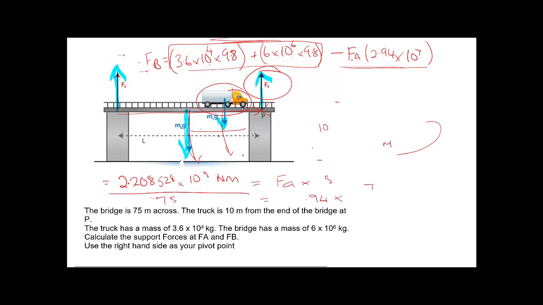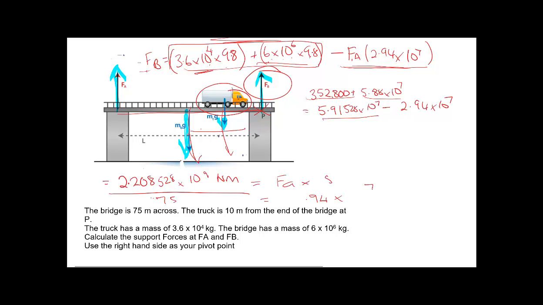we should have an answer. In setting this up, we've added the weight force of this combined with the weight force of this, just multiplying by gravity, and then we subtract FA.